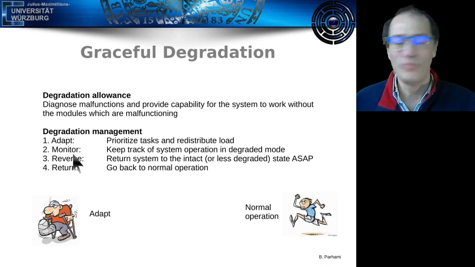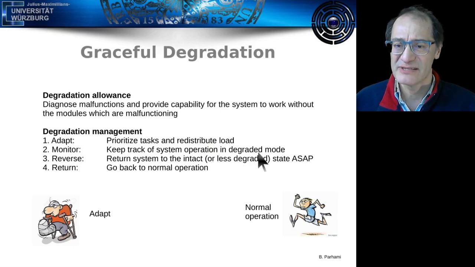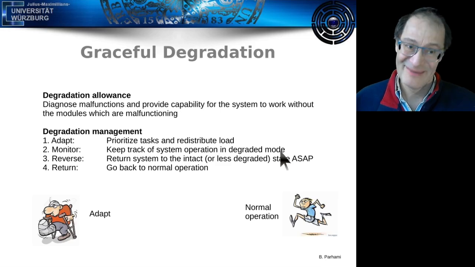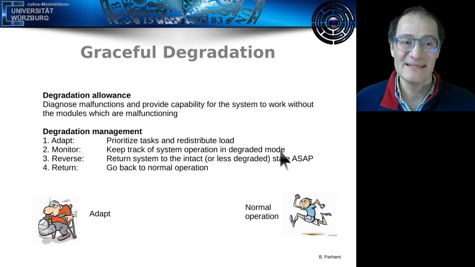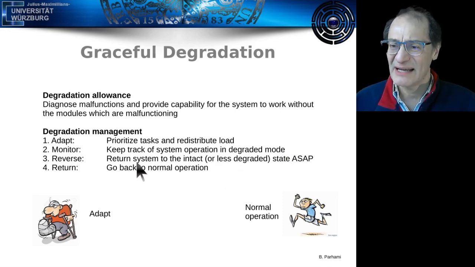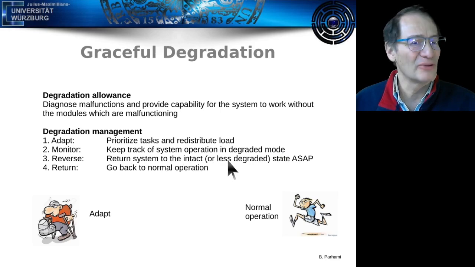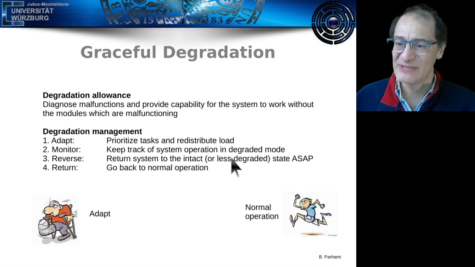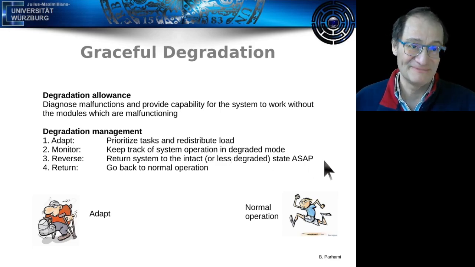Then you have to monitor the system. You have to keep track of system operations in degraded mode. So you have to see if the new resource distribution you made is still enough to provide this service. Then you shall try to return the system to intact, so to normal operations, as soon as possible.